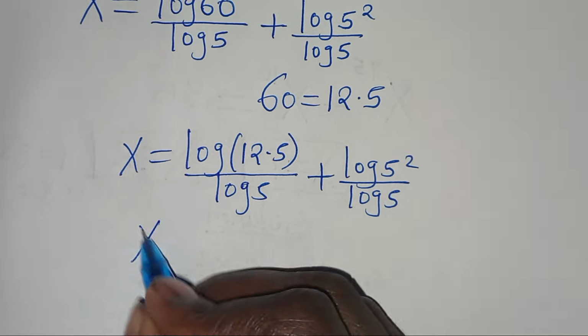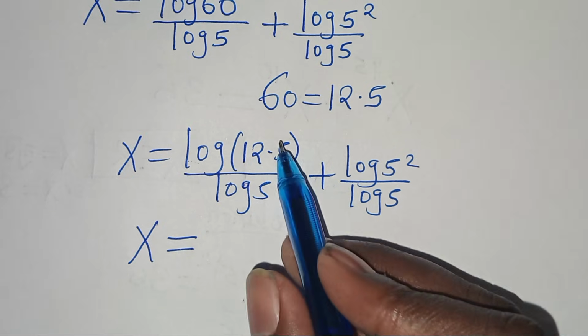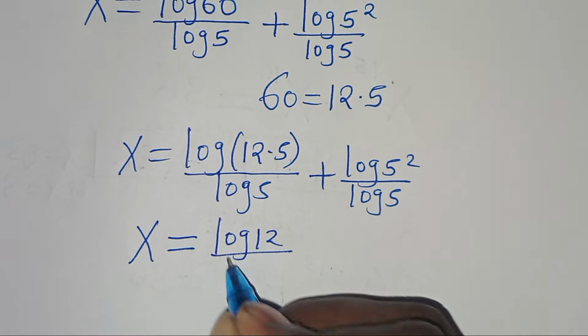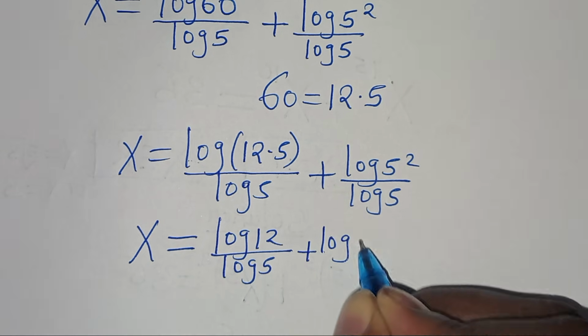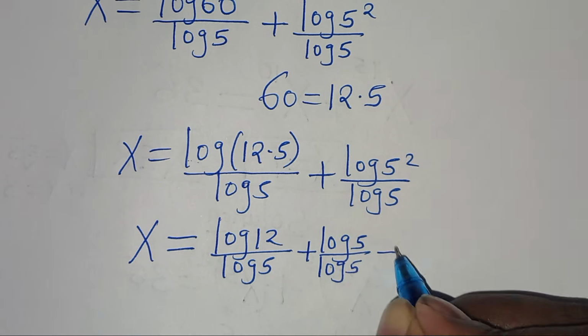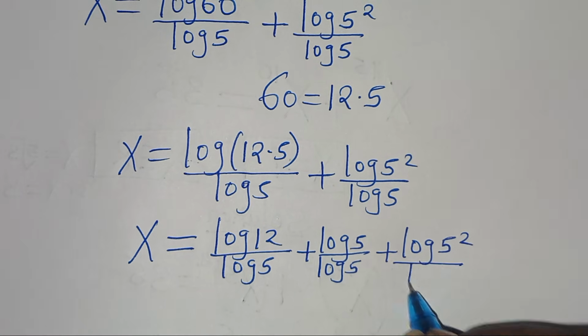Now, we have that x is equal to, we can express log of 12 multiplied by 5 as log 12 divided by log 5, plus log 5 divided by log 5, plus log 5 to the power of 2 divided by log 5.